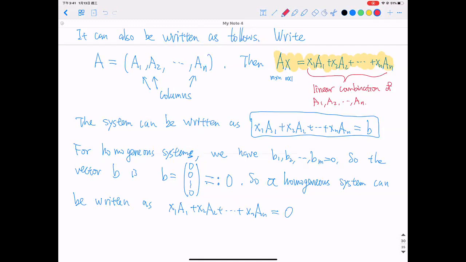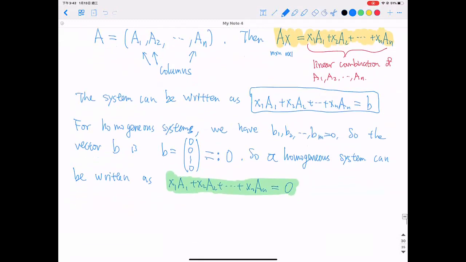Okay, so this is a different way of writing a homogeneous system.